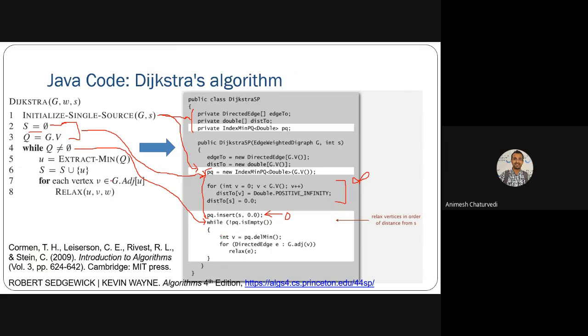What you are going to run is dequeuing, meaning extracting the vertex which is with the minimum weight edge in that queue.